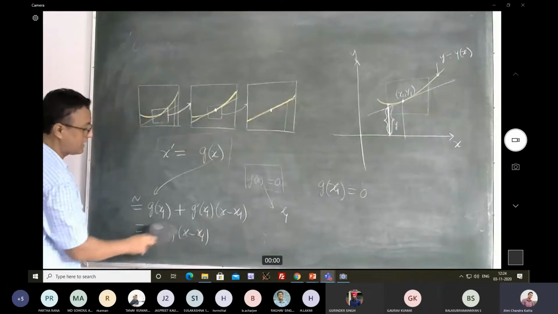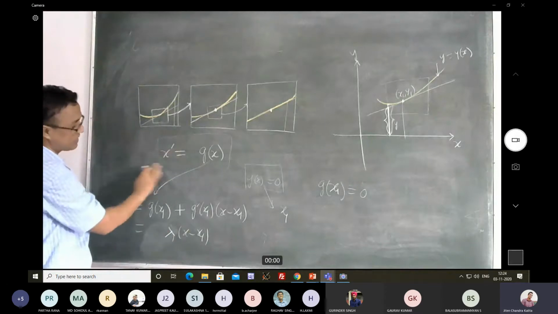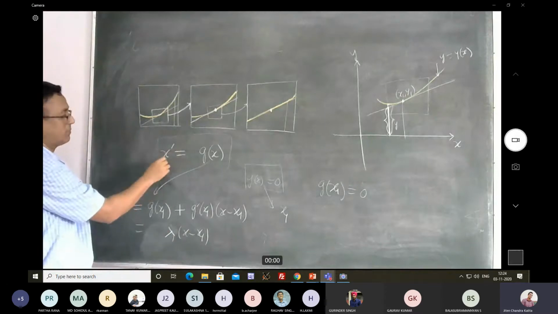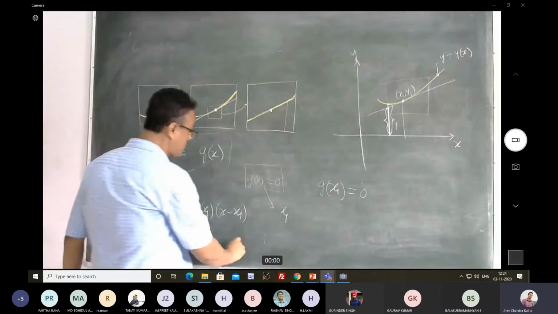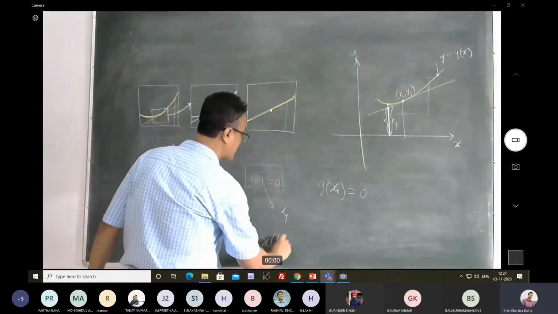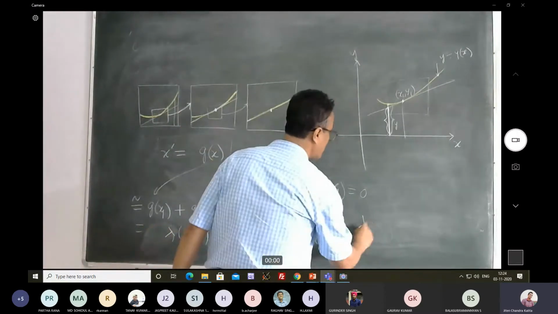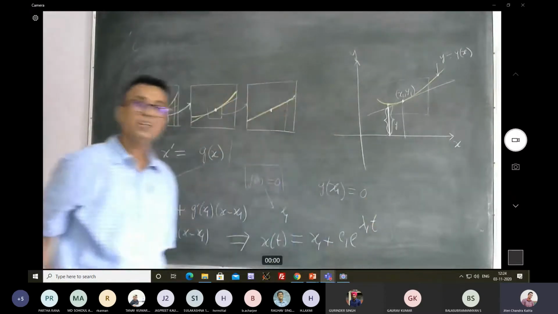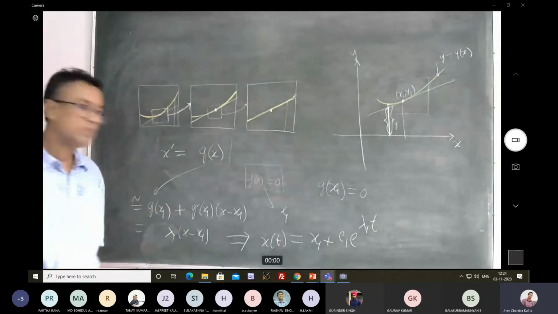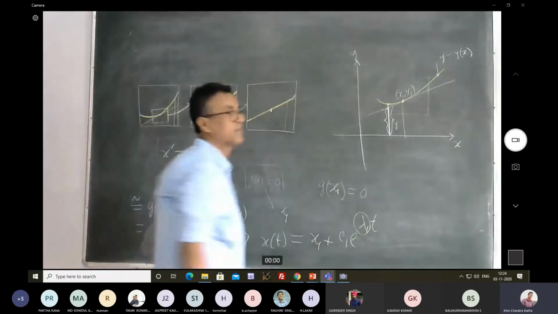If I plug in g prime x1 equal to lambda, you can easily solve this equation, and eventually you get x as a function of t equal to x1 plus c1 e to the power lambda 1 t. So the stability of the solution depends upon the sign of lambda 1.